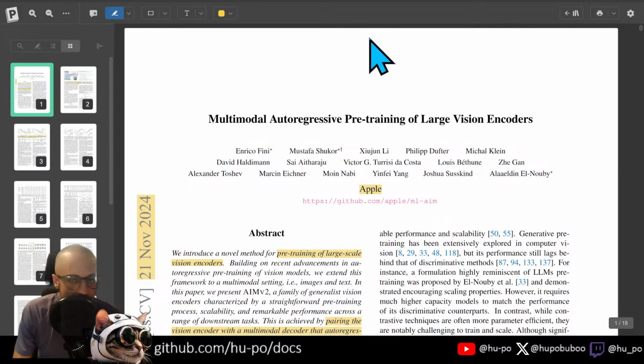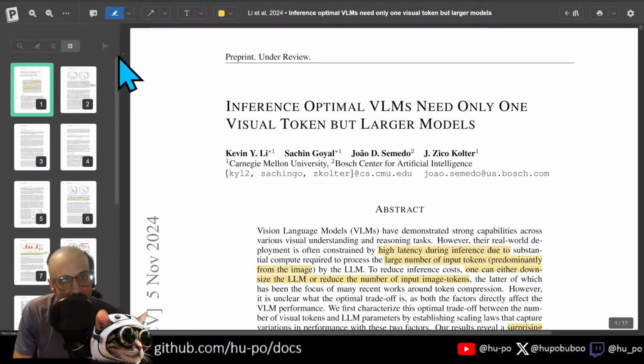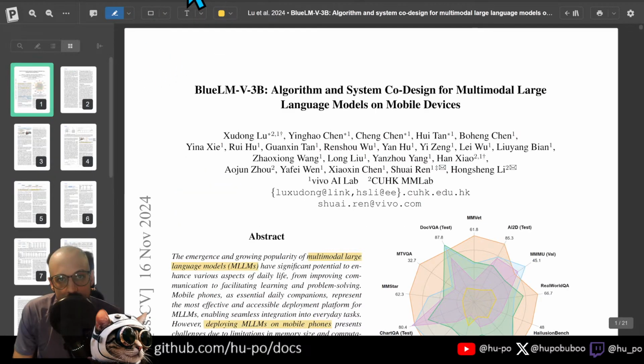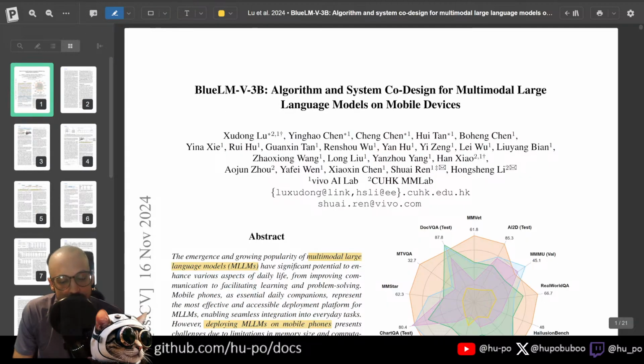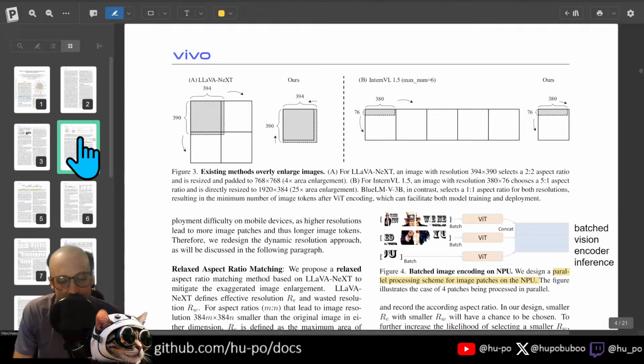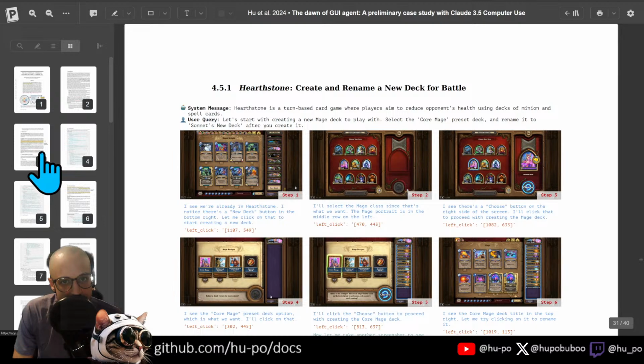Vision encoders, which are the more important part of visual reasoning, are getting better and better with time. Scaling laws exist for vision encoders as well. There are lots of tricks you can do to perform inference faster, with more images per second. Most of our world is going to be dominated by these vision-based agents.